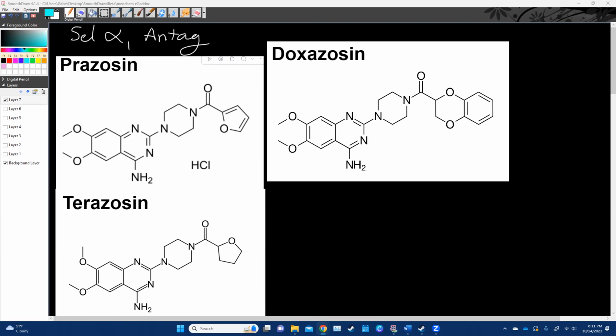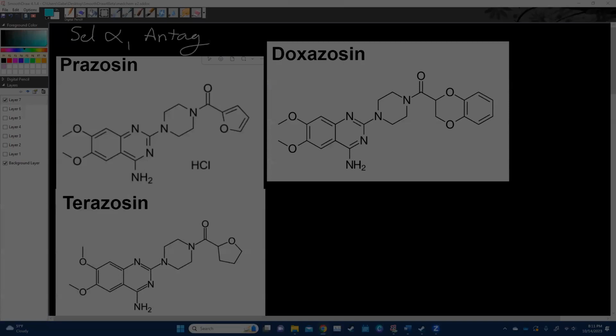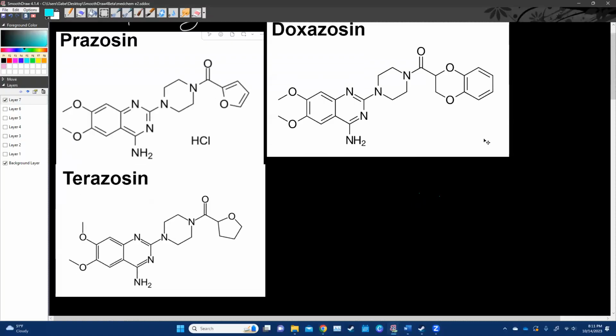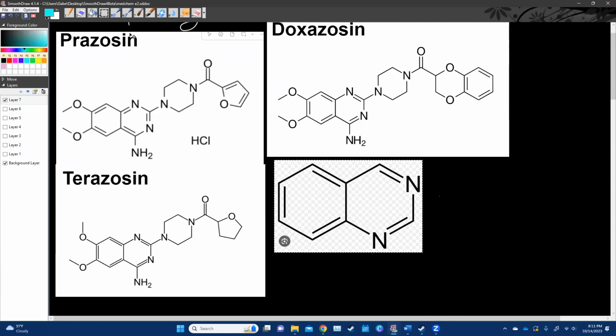So what's important to note about these drugs is that they all have a different backbone to what we normally see. So let me take a picture of this. All of these drugs have this backbone called quinazoline.